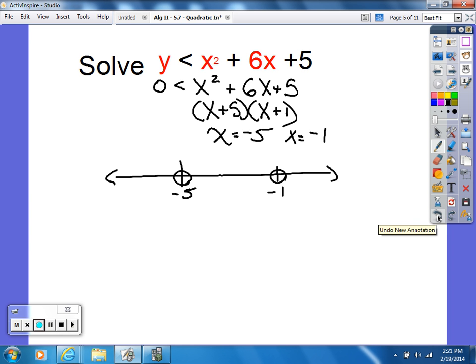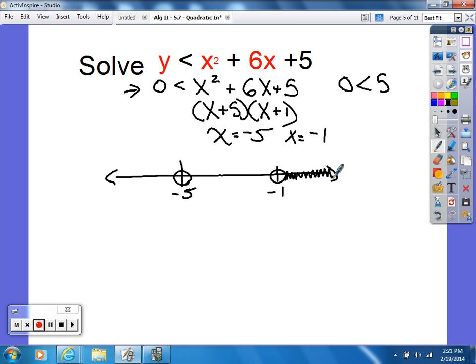All right. What number do you want to plug in for x to see if it's true? Yeah, let's plug in 0. Now I'm going to use this equation that I've already got with the 0 in it. Is 0 less than 5? What? 0 is less than 5. So right here is 0, right?